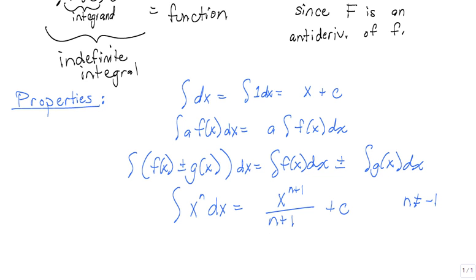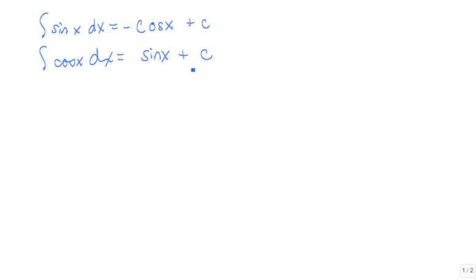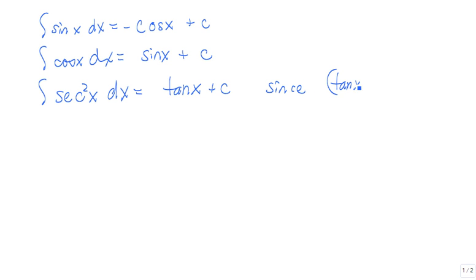And then the trig functions. Since the derivative of sine x is cosine x, and the derivative of tangent is secant squared, the antiderivative of secant squared is tangent x, since tangent x prime is secant squared x.